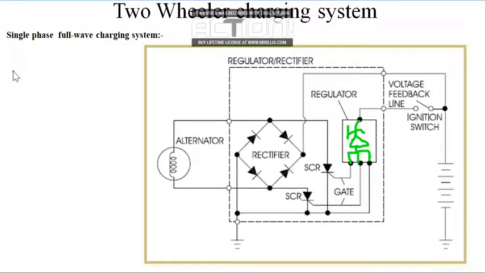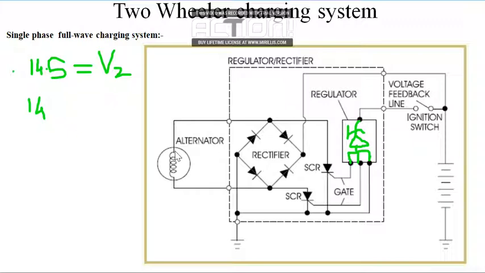The Zener voltage, as I told you in the case of the half wave, is 14.5. We call it Vz, the Zener voltage of this Zener diode. Now suppose it develops a voltage less than 14.5, say 12, or let's say 14.